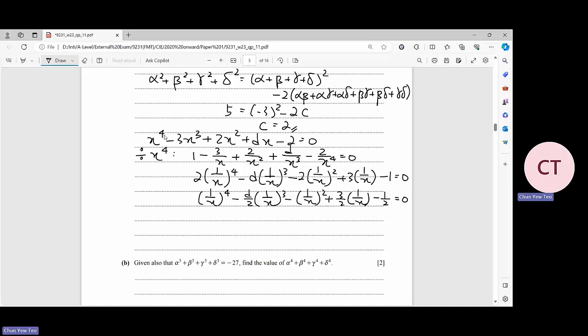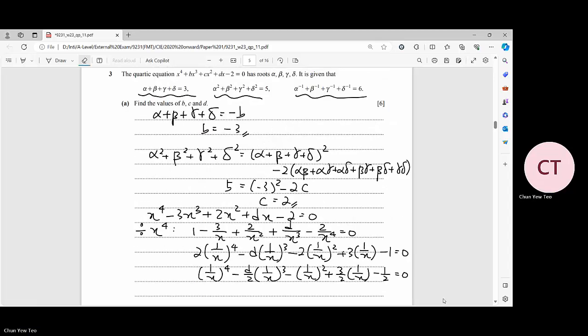Okay, so that means now all the roots over here will be in the form of 1 over alpha, 1 over beta, 1 over gamma, and 1 over delta. So the roots of this equation will be in the form of this. But the information given in the question is the sum of 1 over alpha is equal to 6.